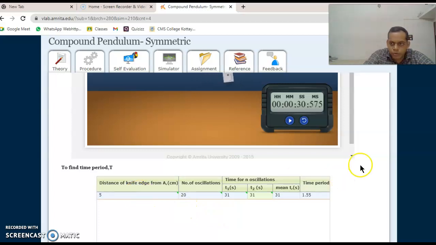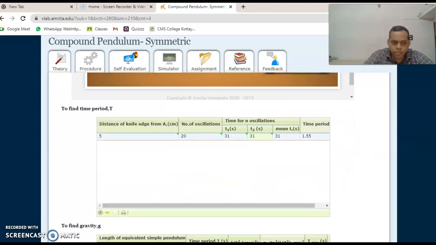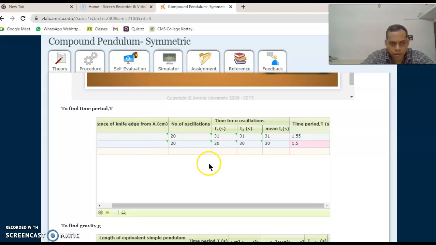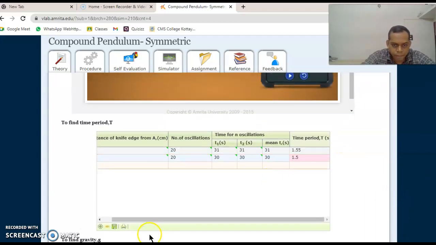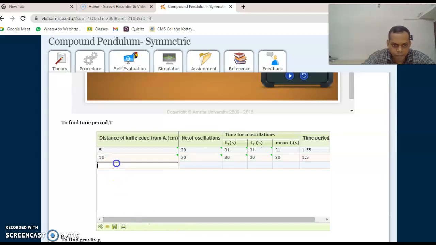So when you do the experiment, repeat for 10, say let's take 20, let's take 30, then for the other one 15, let's consider 20, 29, 29.